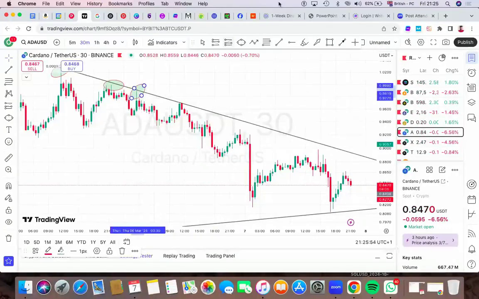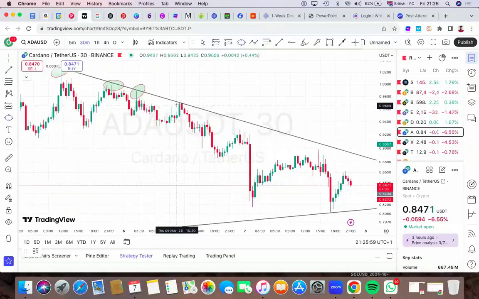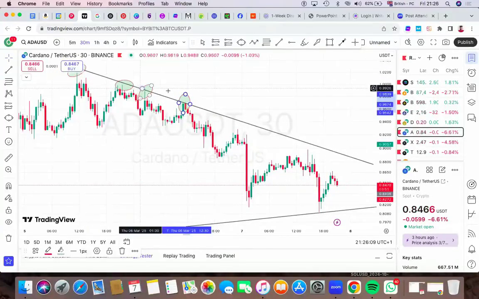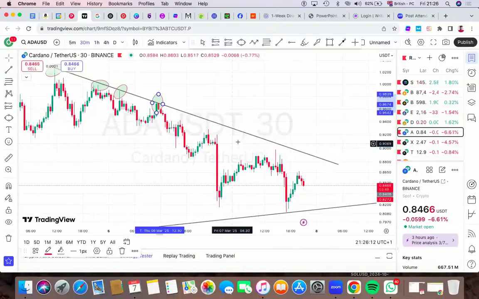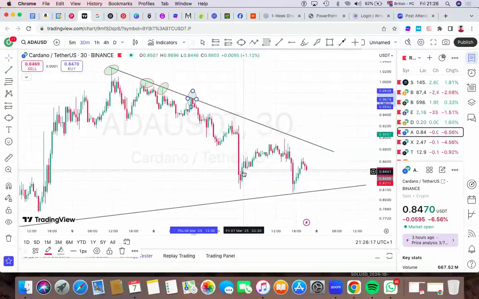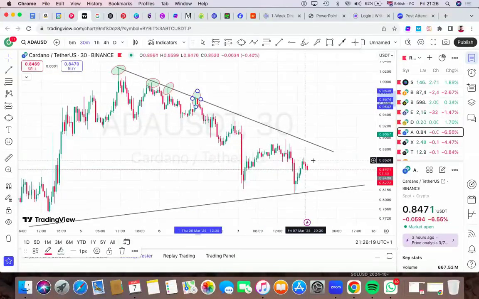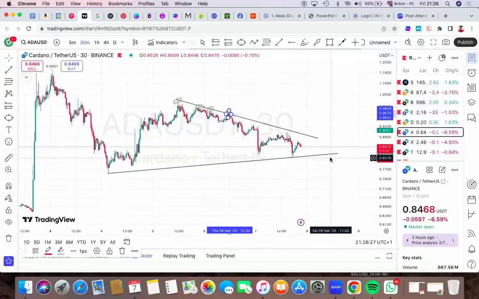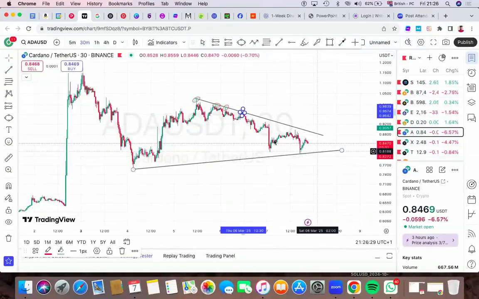You would see them make multiple touches. We have almost 1, 2, 3, 4, and here it also didn't touch, but what you would notice is that the price has been symmetrical. You will see a form of a triangle, and you can see it here. It's vivid, and this is a live chart.